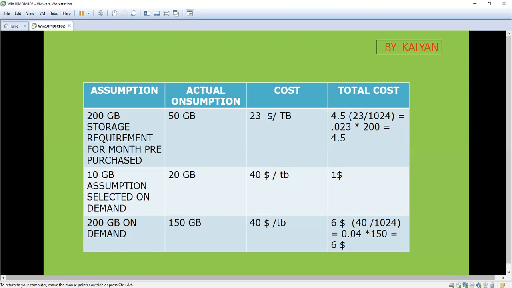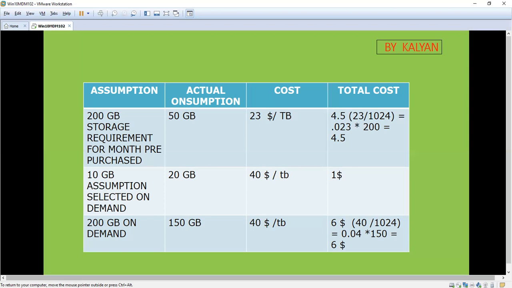Now we assume another scenario: we go for on demand, and our consumption is only 10 GB. We go for the on-demand pricing plan, and actual consumption is 20 GB.